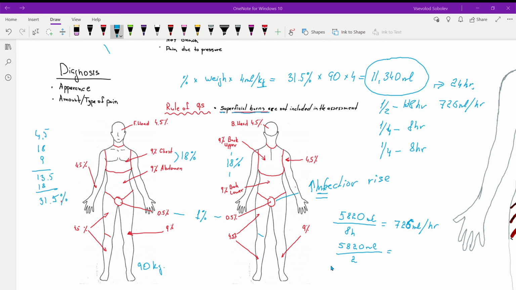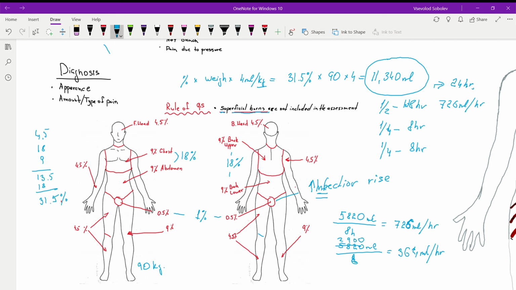Get this number and divide by 8 hours. So you get 364. Oh, okay. It's not this, it's 290 something.